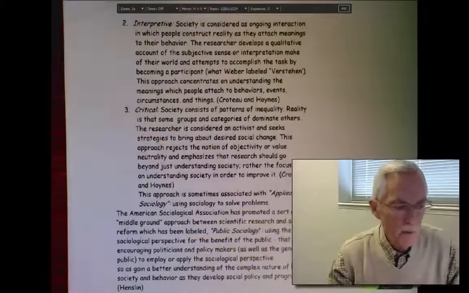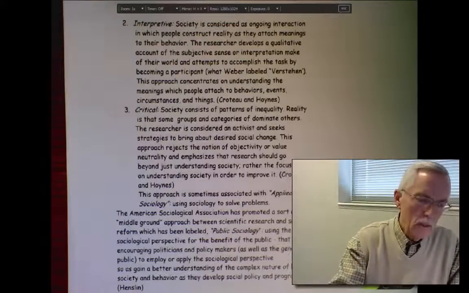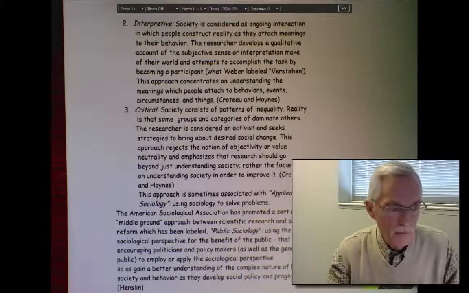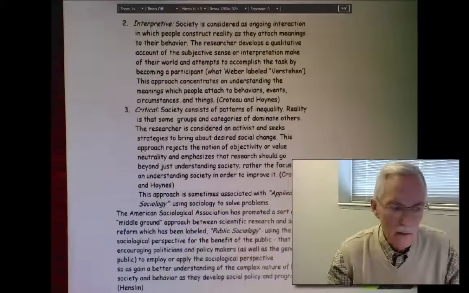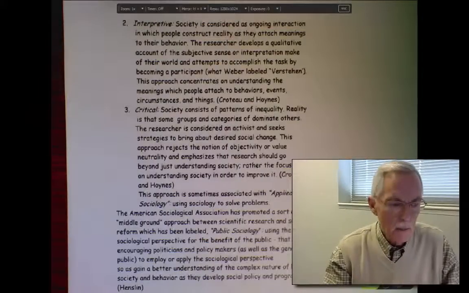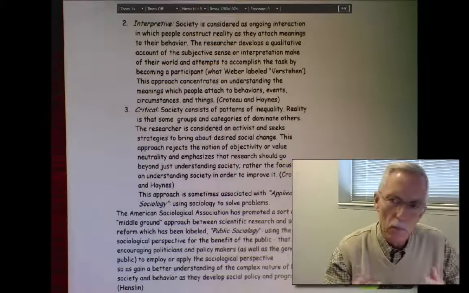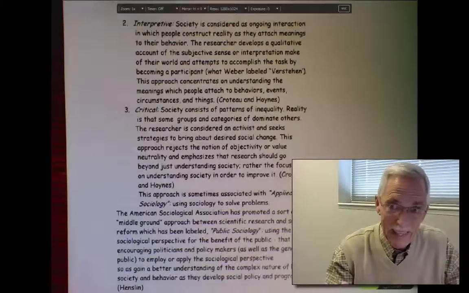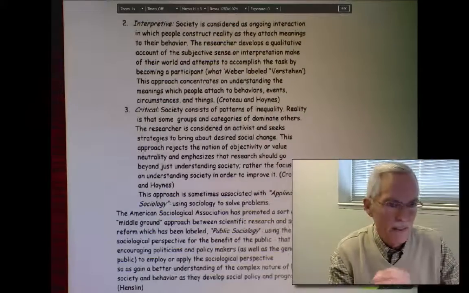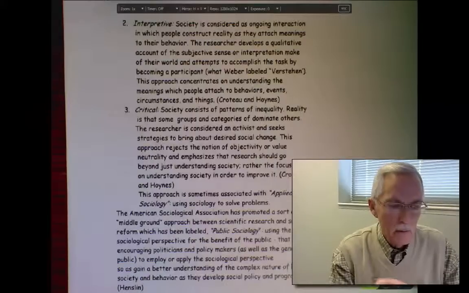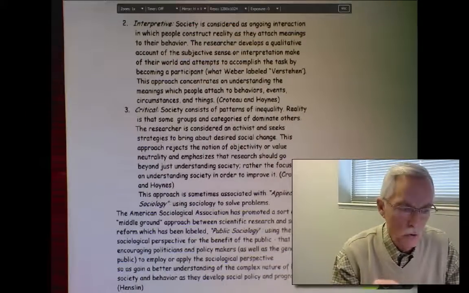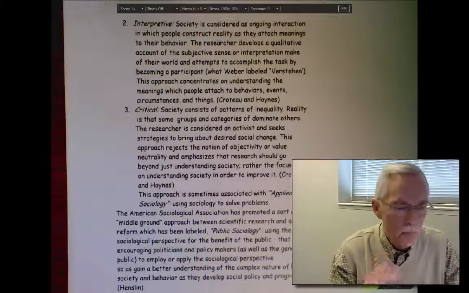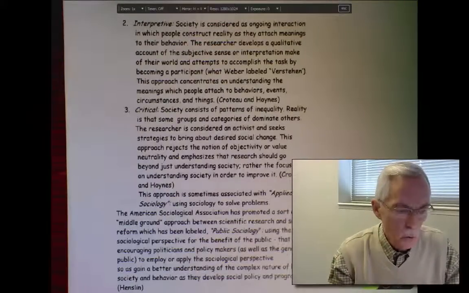The interpretive approach really emphasizes that the researcher's got to get involved. He or she has to become a participant so as to better appreciate and understand those that he or she happens to be studying. The focus here is not on crunching numbers, but upon qualitative information as to how people interpret, that is to say, make sense of the social world.